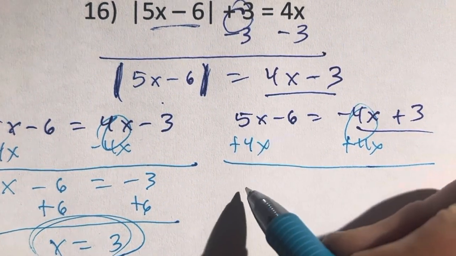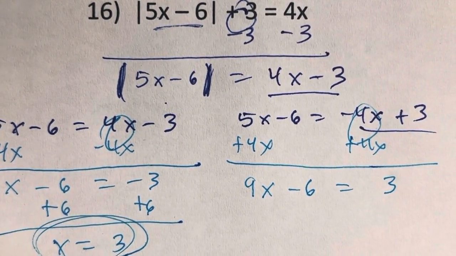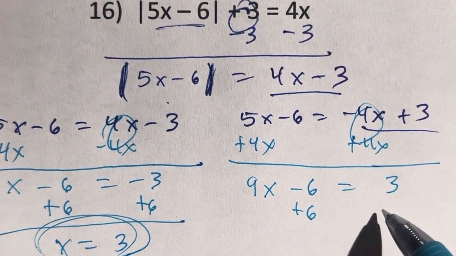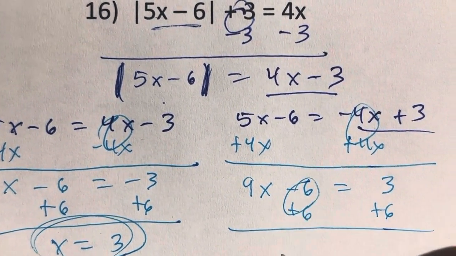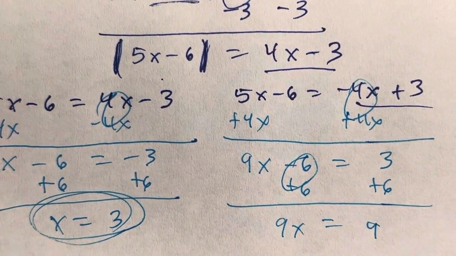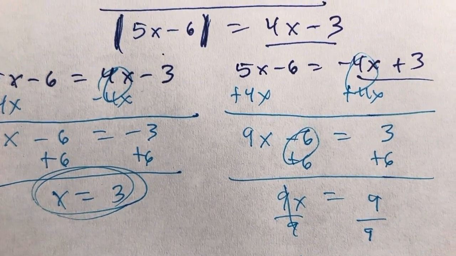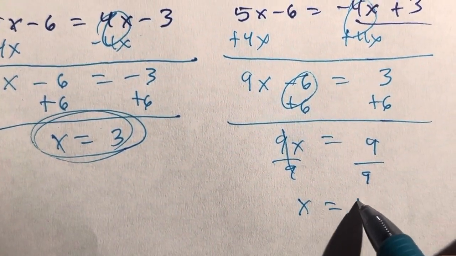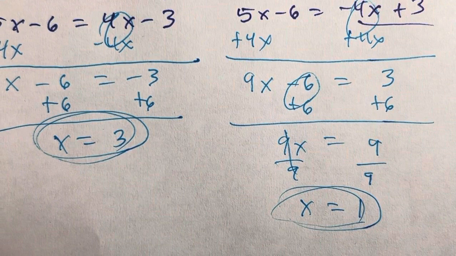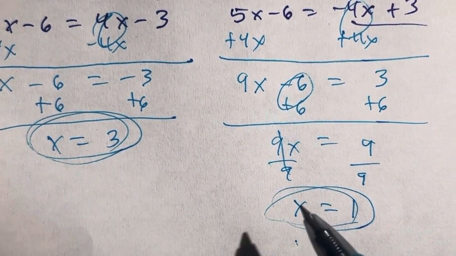So 5x plus 4x is 9x minus 6 equals 3. Well, I'm going to have to add 6 to both sides to get rid of this, and so 9x equals 9. And then divide both sides by 9, and it looks like x equals 1. And there's my solution. So it looks like 3 and 1, the same answers from the previous problem, huh?